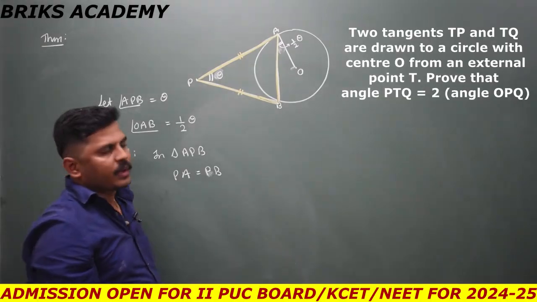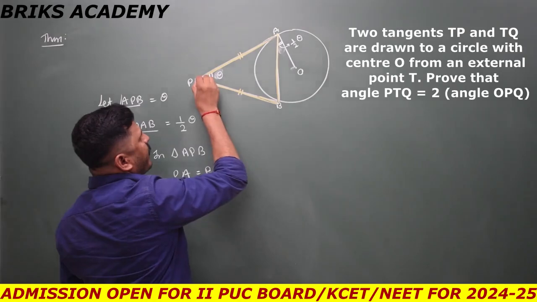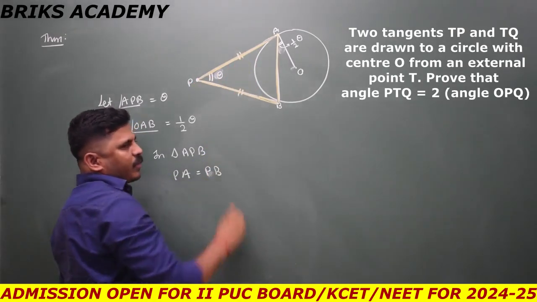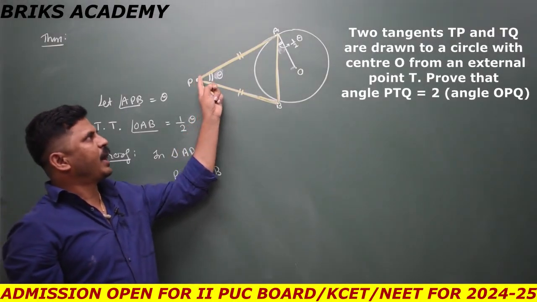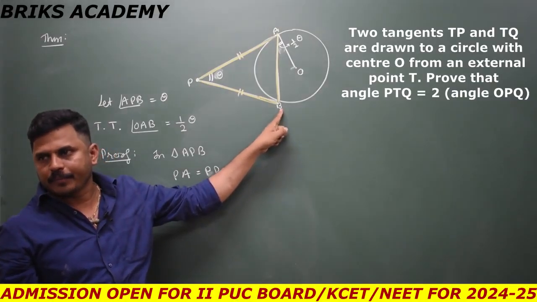Why? These are the two tangents drawn from an external point, and they are always equal. That's what the theorem says.